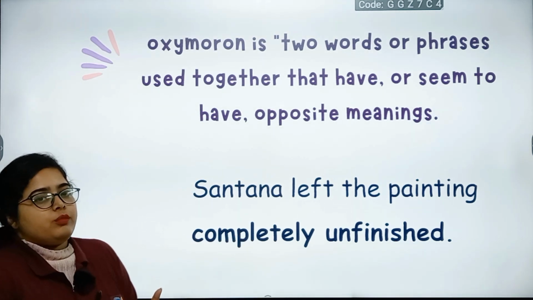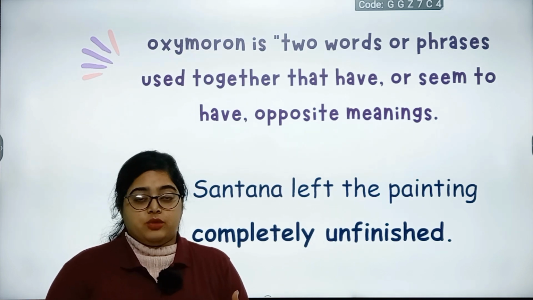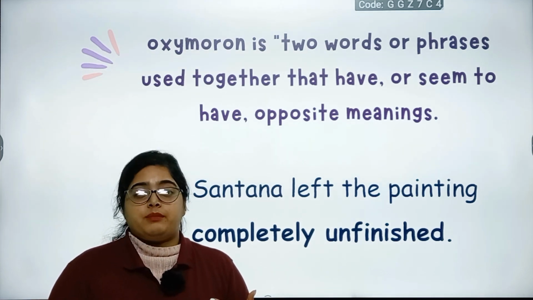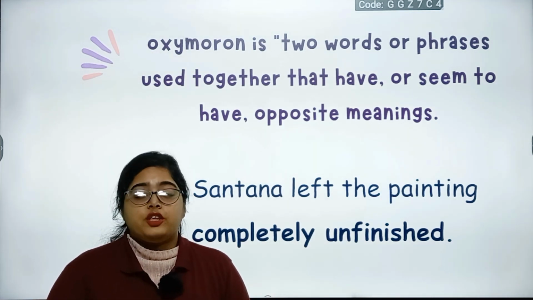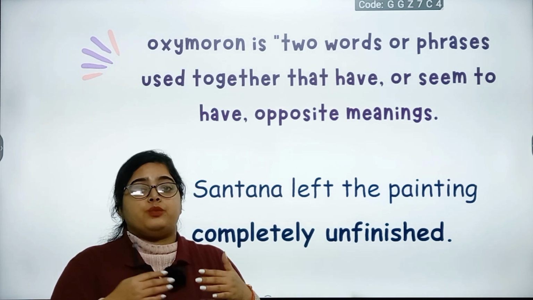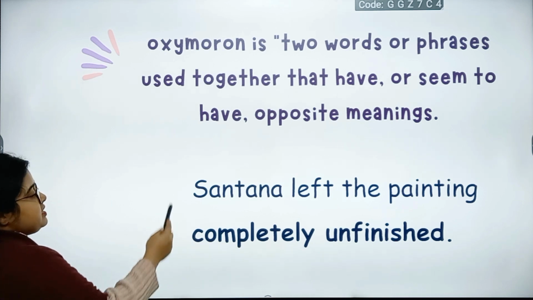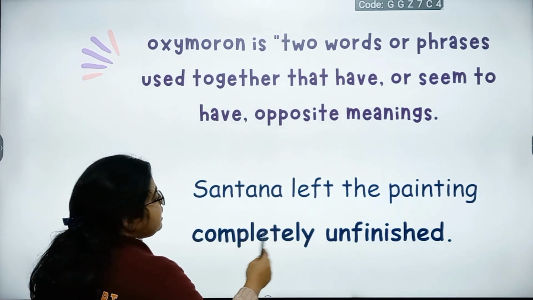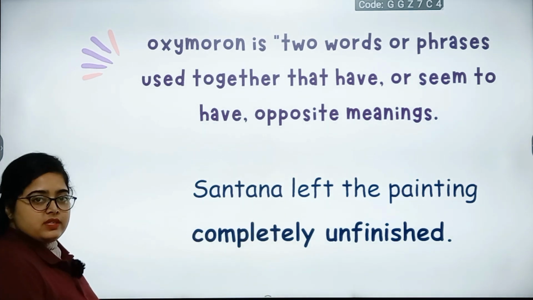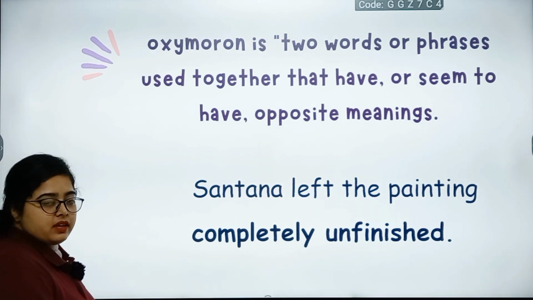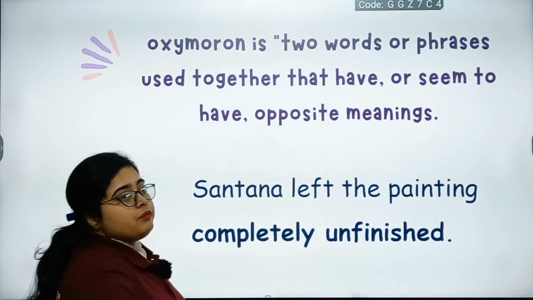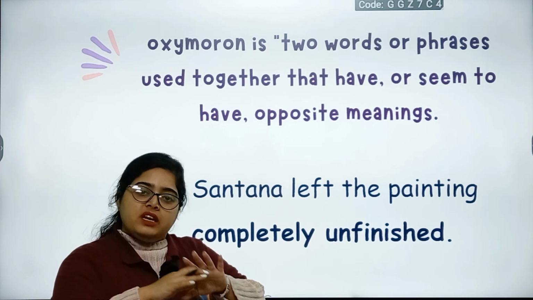So there are a lot of oxymorons which I will be teaching you, and how you can use them in sentences, which kind of sentences you will use these words in, that we'll also see. First is: Santana left the painting completely unfinished. She was doing some kind of painting, but she left it unfinished.